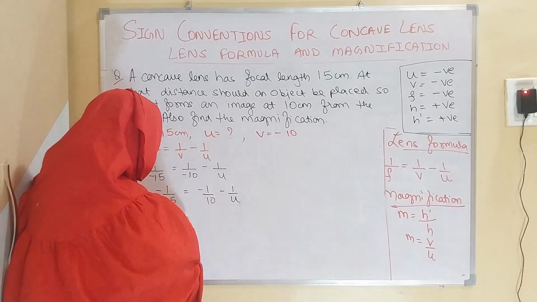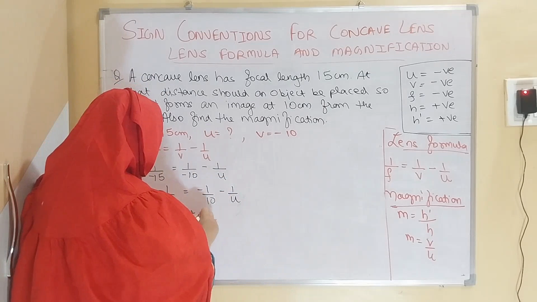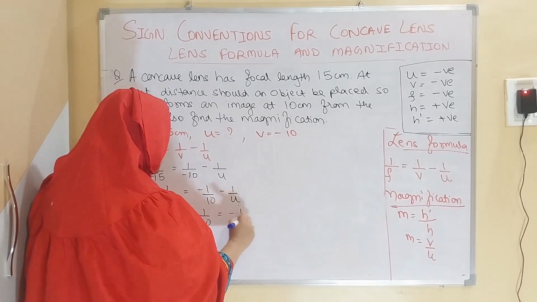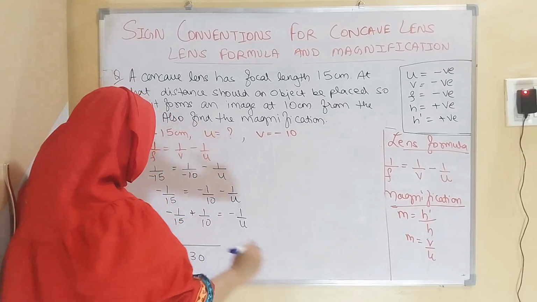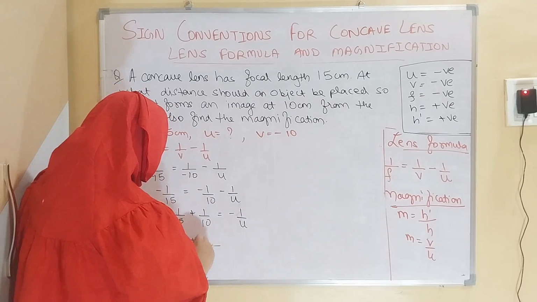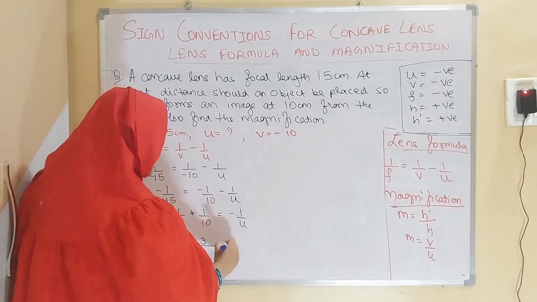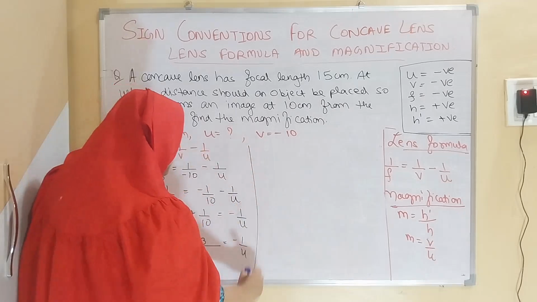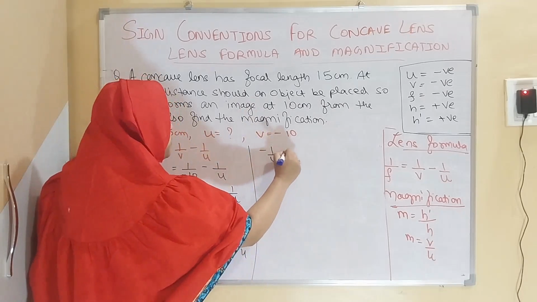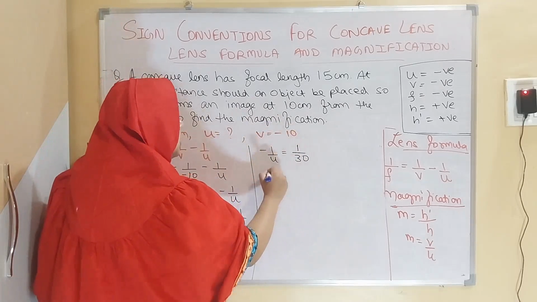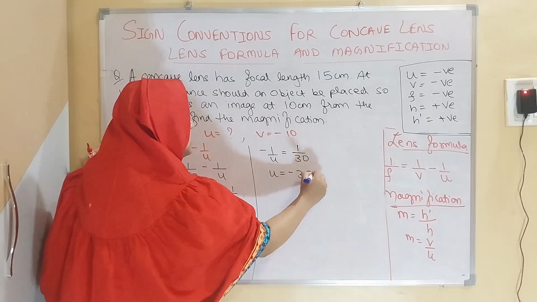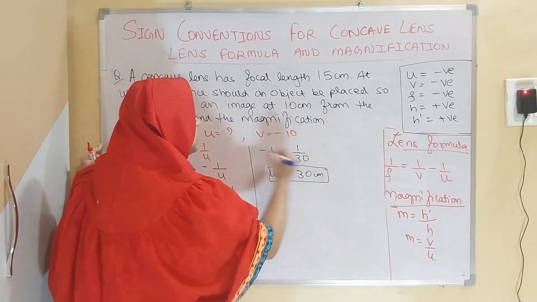Minus 1 upon 10 वहां जाएगा, क्या हो जाएगा? Plus 1 upon 10 is equal to minus 1 upon u. Taking the LCM, minus 2 plus 3 over 30 is equal to minus 1 upon u. So minus 1 upon u is equal to 1 upon 30. So u is equal to minus 30 centimeter.